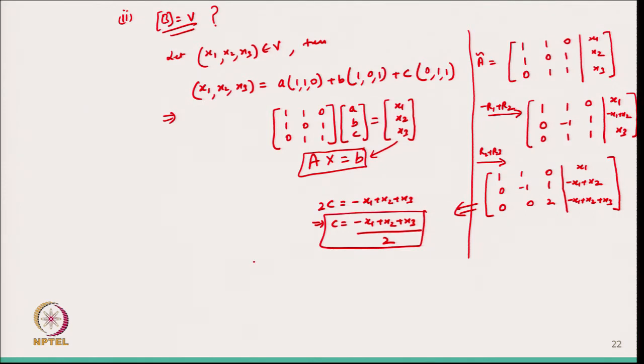Now, from the second equation I will get minus b plus c is equal to minus x1 plus x2. So, from here my b will become, so I take the c here. So, that will become x1 minus x2 plus c.